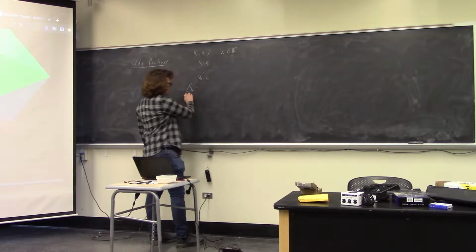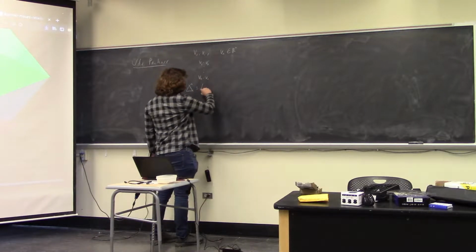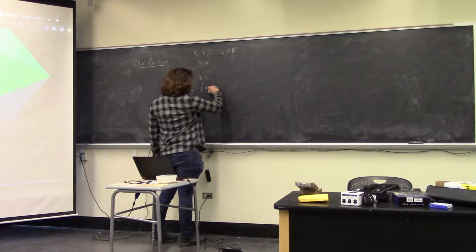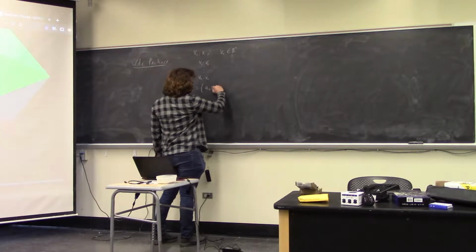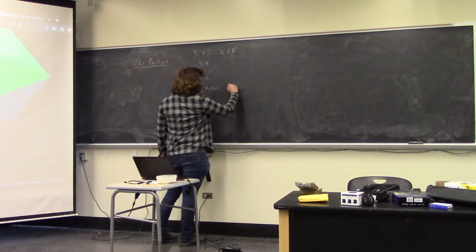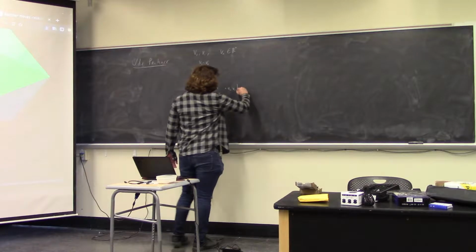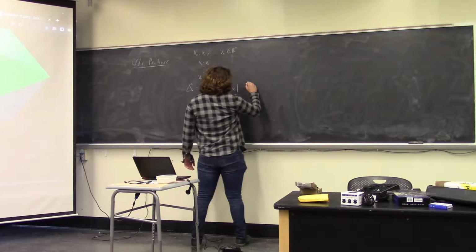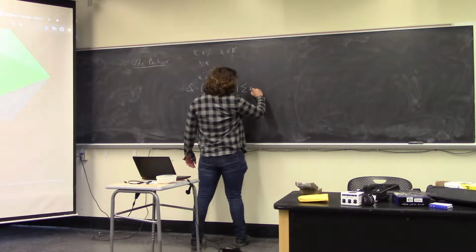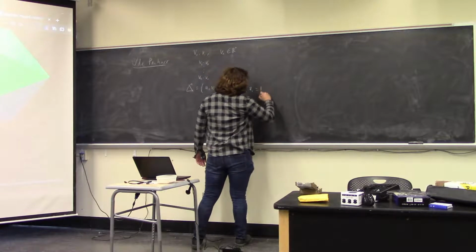So an n simplex is a set of a_n V_n plus ... plus a_0 V_0, such that the sum of all a_i equals 1.